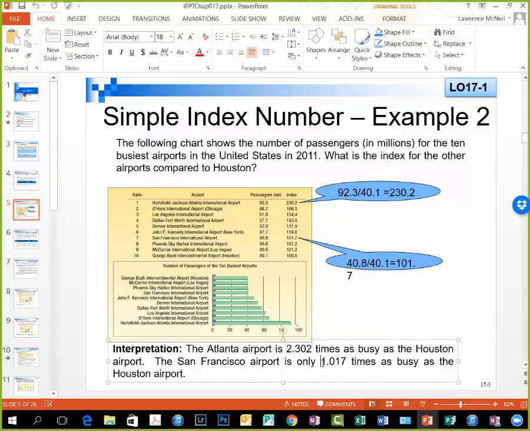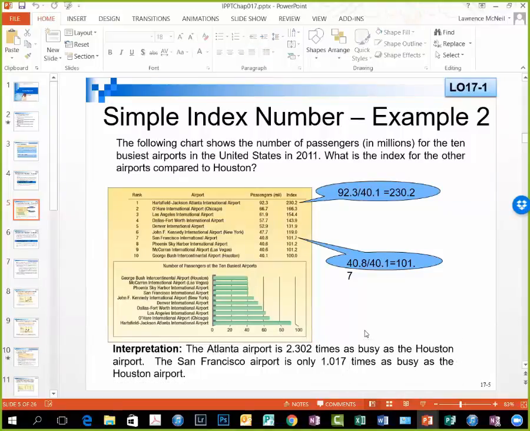So, of course, 1 is the same. If this was 1.000, it would be exactly the same, because the numerator would then be equal to the denominator. So anytime you have a number greater than 1, then that numerator, by definition, must be greater than the denominator. Okay, so that's why we can say 1.017. Not that much bigger, but it is bigger than Houston's.